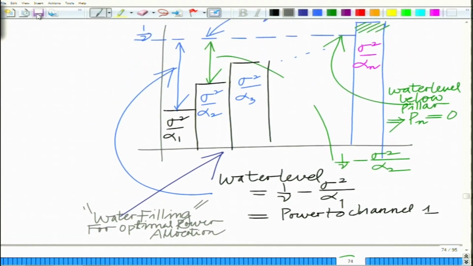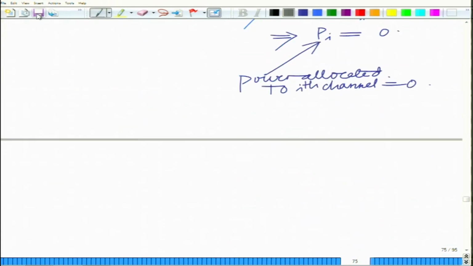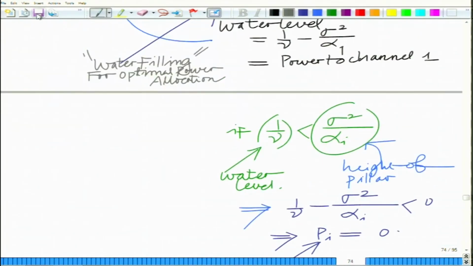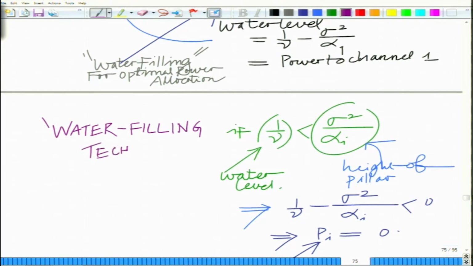Let me just write it clearly: the water filling scheme, or water filling technique, or water filling procedure for optimal power allocation.